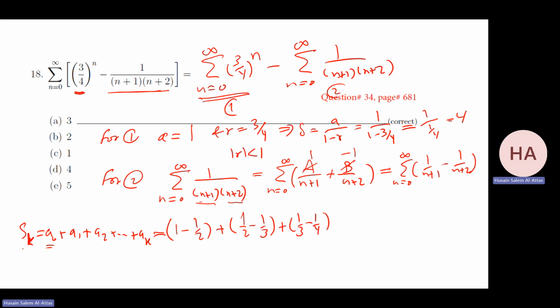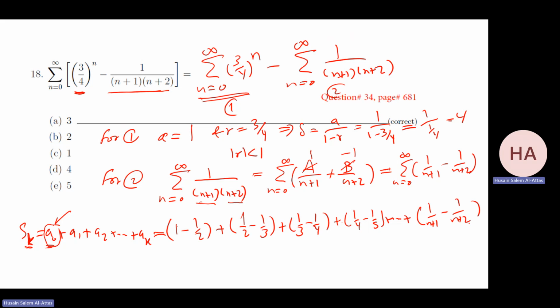If I need Sn, I need to be careful: Sn should be A1 up till An. But since I need the sum, there will be cancellation, so that will not make a big difference. So this will be this plus 1 over 4 minus 1 over 5, plus the 1 at the end.